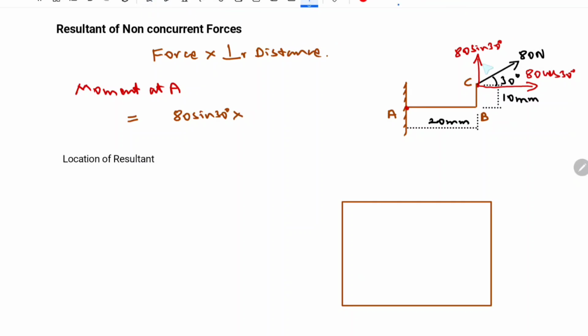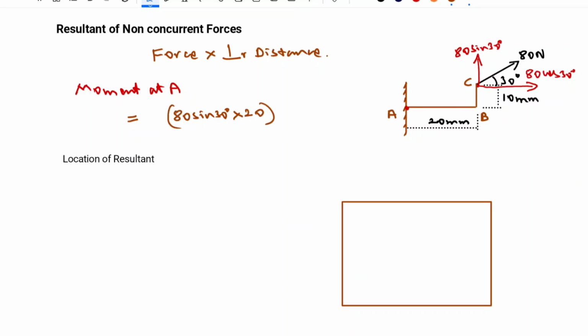Remember that the 80 sin 30 is acting in the vertical direction, so the perpendicular distance will be in the horizontal direction. This is the line of action of 80 sin 30, and this is the perpendicular distance from the force to the point A, because we are calculating the moment at point A. So the distance is 20 mm.